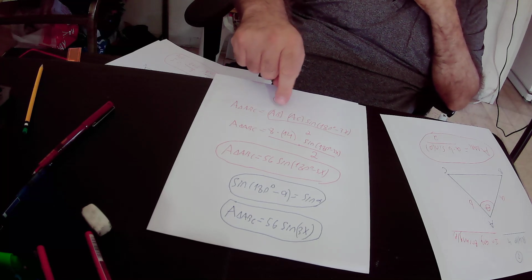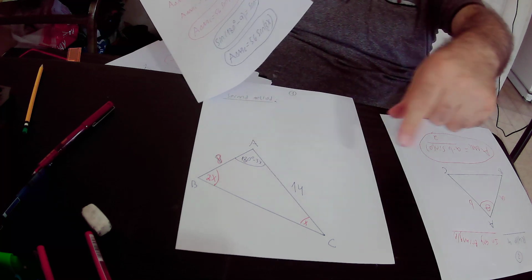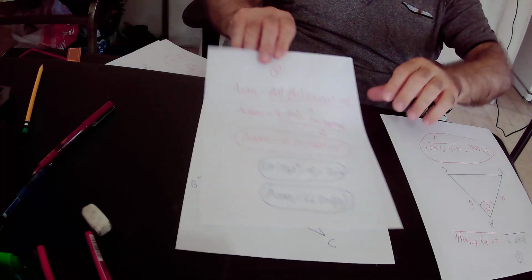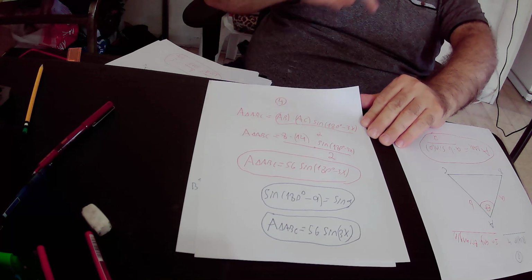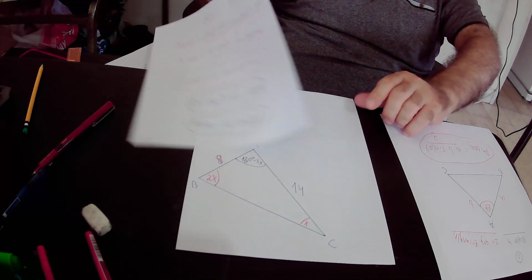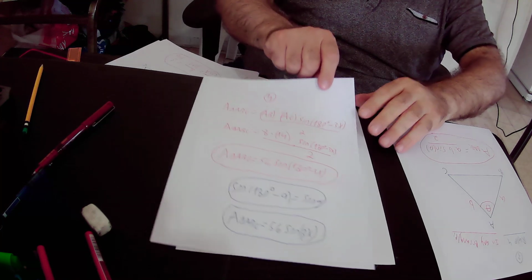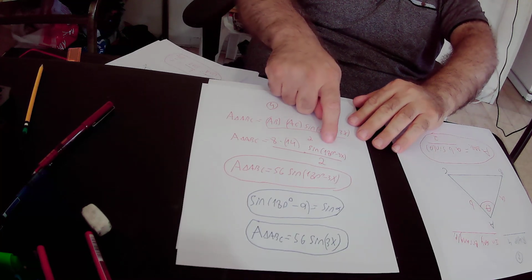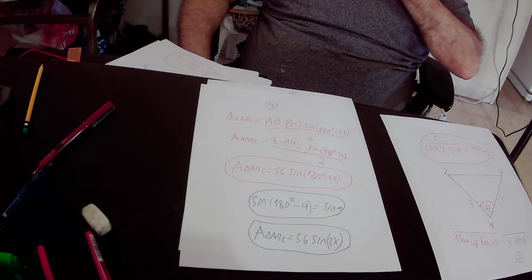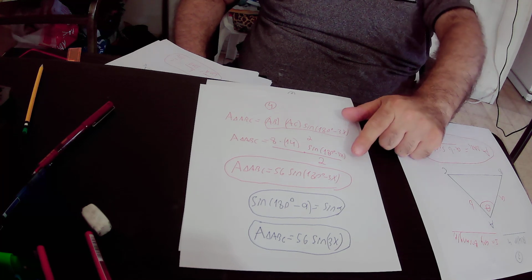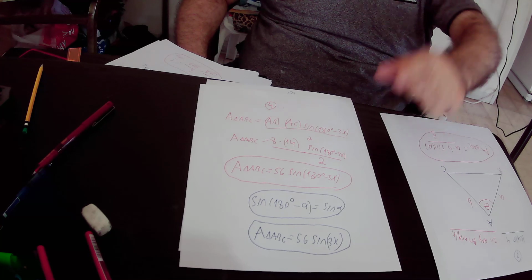We know that AB equals 8 units, AC equals 14 units, and this angle equals 180 degrees minus 3x. So we found that the area of triangle ABC equals 56 times sine of 180 degrees minus 3x.